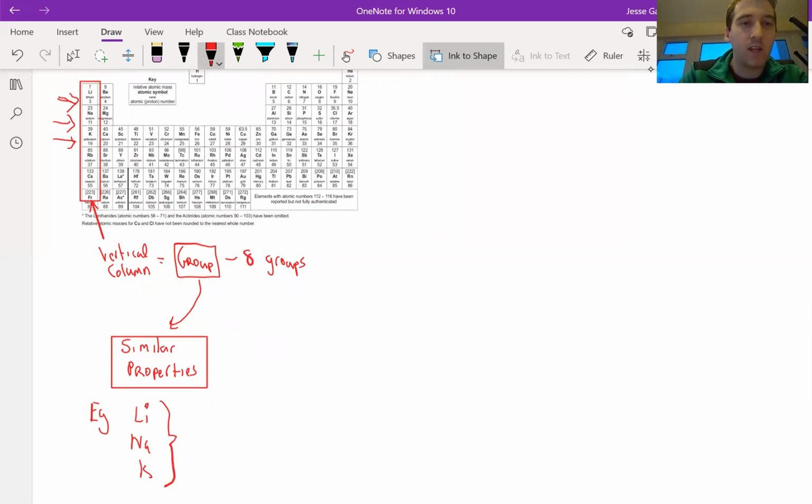What do we know about these elements? Well, we know that all of them are soft, shiny metals. You can actually cut them with a knife, which is very unusual for a metal, but all of these you can.